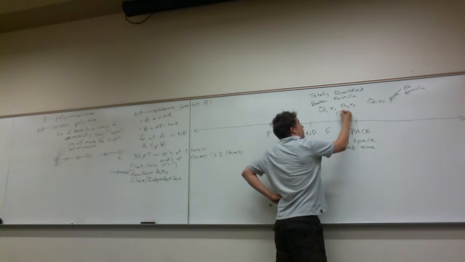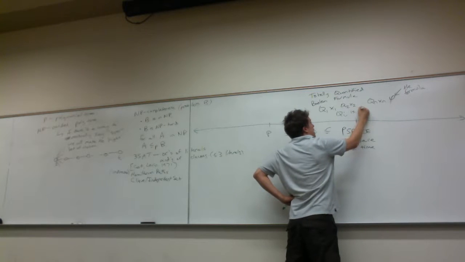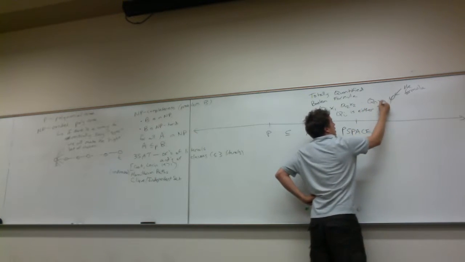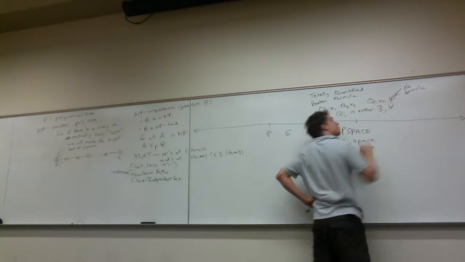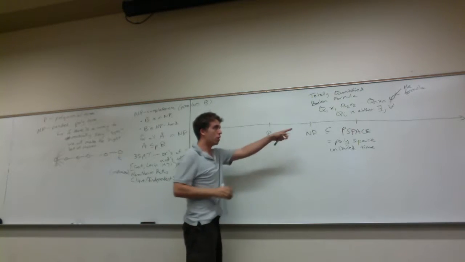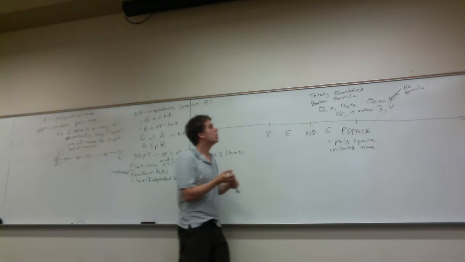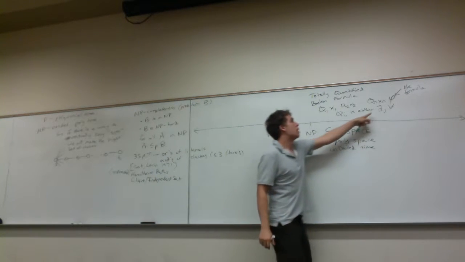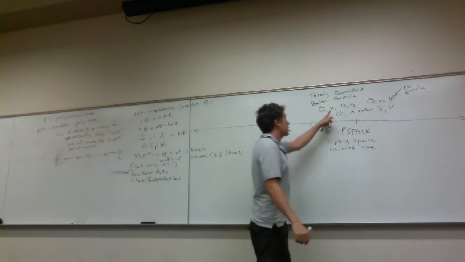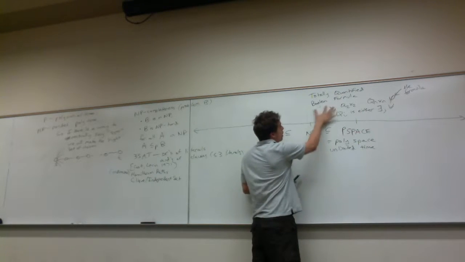Qi is either exists or for all. How many of you are not familiar with exists or for all? Okay, some of you. Essentially, let's say that Q1 is exists.